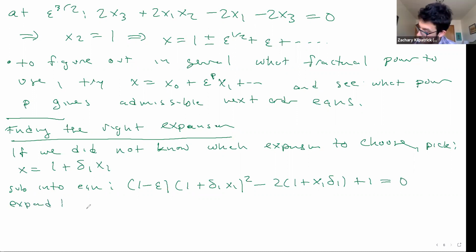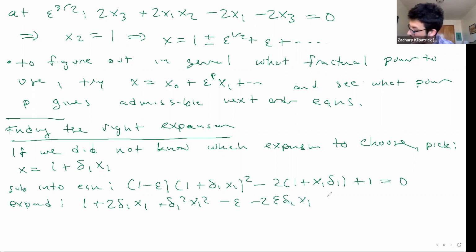Expand: 1 plus 2 delta 1 x1 plus delta 1 squared x1 squared minus epsilon minus 2 epsilon delta 1 x1 minus delta 1 squared epsilon x1 squared minus 2 minus 2 delta 1 x1 plus 1 equals 0.